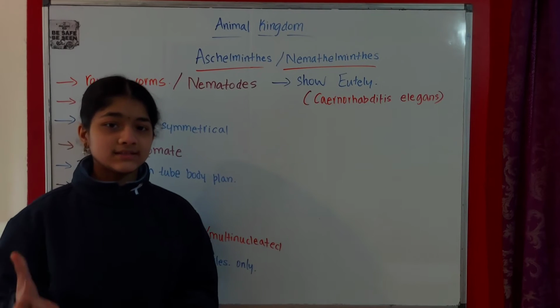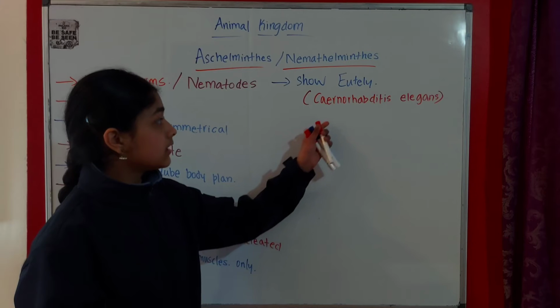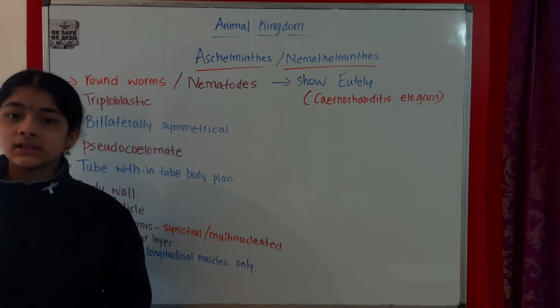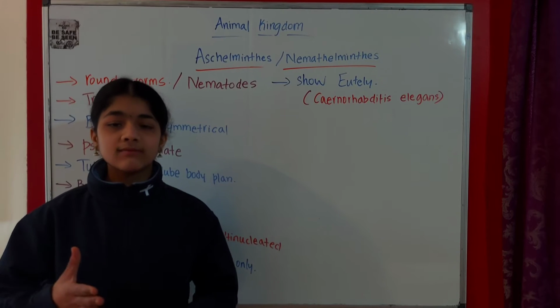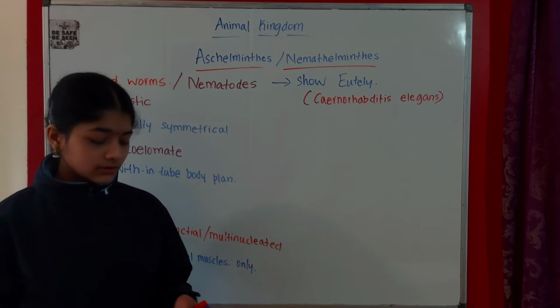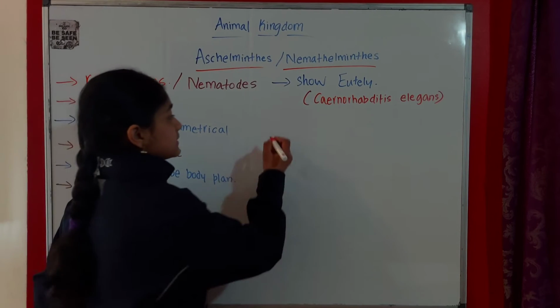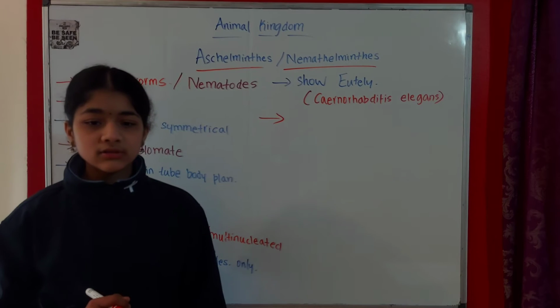So when the scientists studied this organism, this roundworm, Caenorhabditis elegans, they discovered eutely, and from then we have understood that nematodes show this property. So this is one unique and very important characteristic of nematodes.